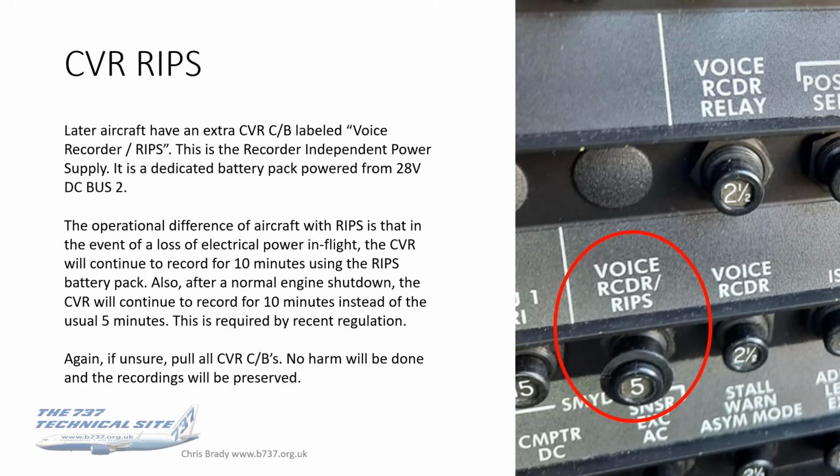So the aircraft kept flying for a while after all electrics had been lost, and that data was not captured. So that hampered the investigation process. So that's what RIPS is about. I guess the other thing that we should know is in normal ops procedures, it'll continue to record for 10 minutes after a normal engine shutdown instead of the usual 5 minutes.